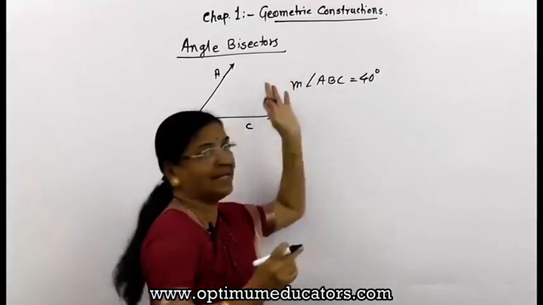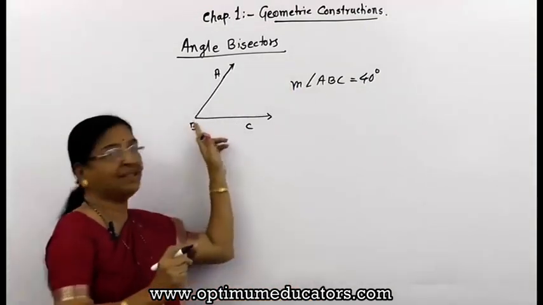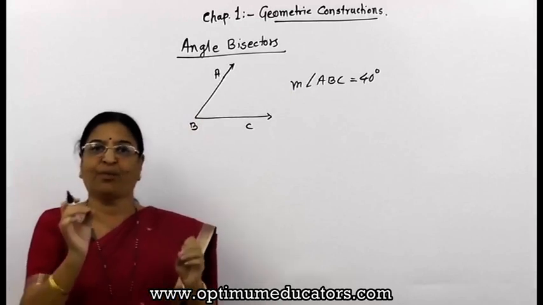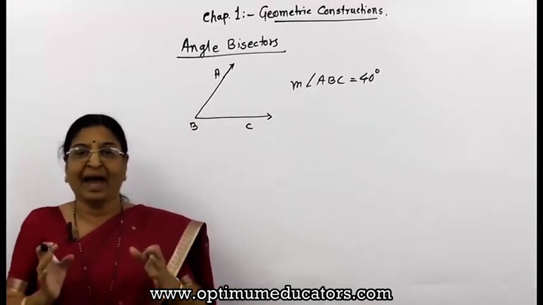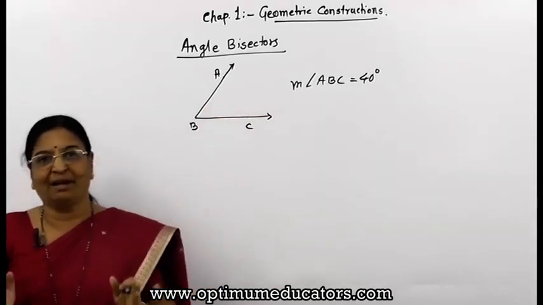Now what about the bisector? The bisector is a ray which passes through point B, the vertex of the angle, and which divides the given angle into two equal parts.